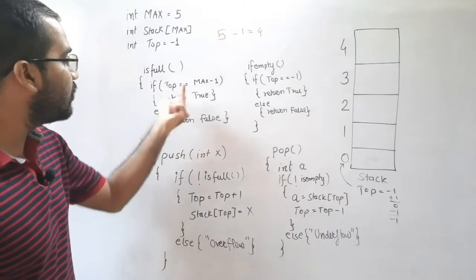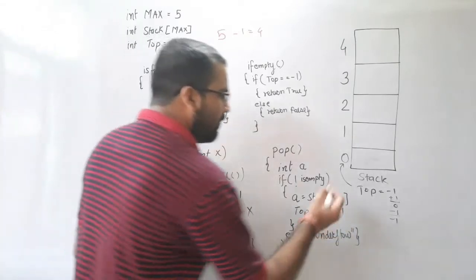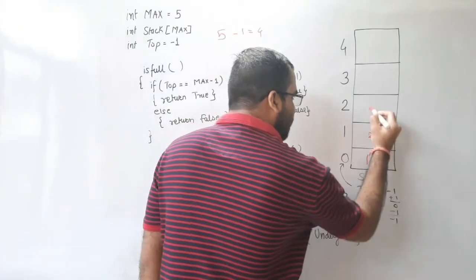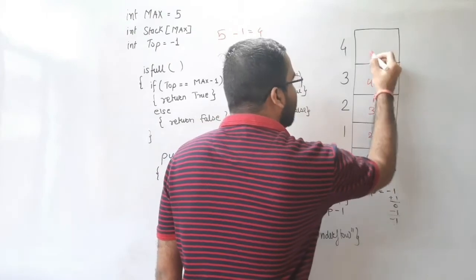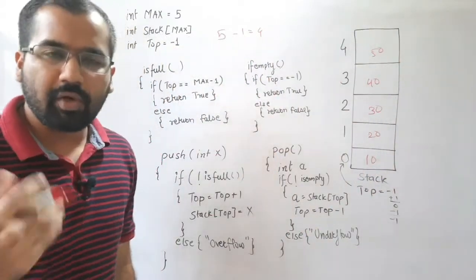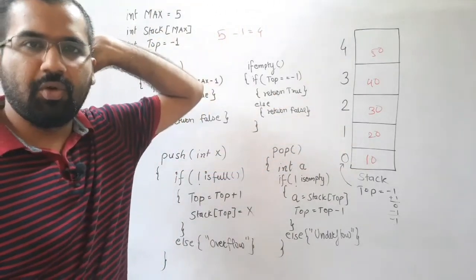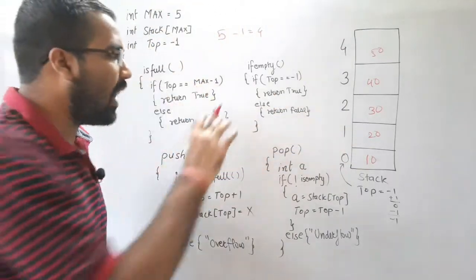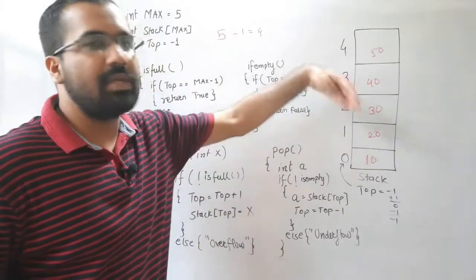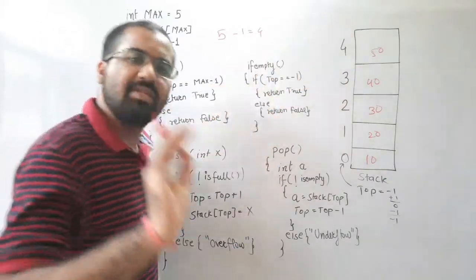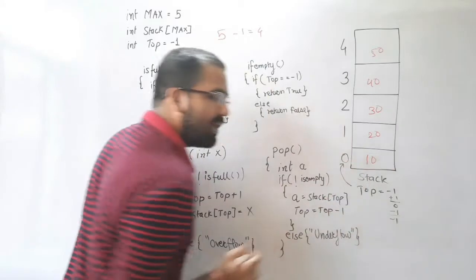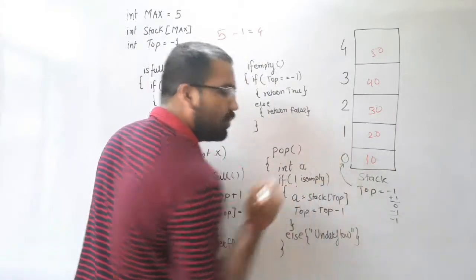But what can be the situation where it will be true? Simple. Let's say we put 10, 20, 30, 40 and 50. What I just did is fill up my stack to its full capacity. Now what happens while I push these elements into the stack? When 10 is pushed, the top value will be 0.